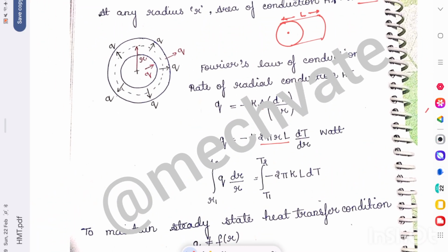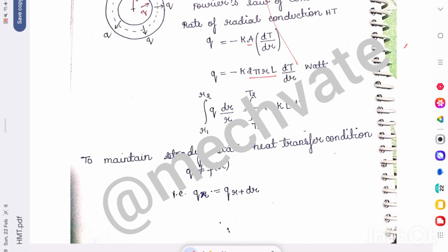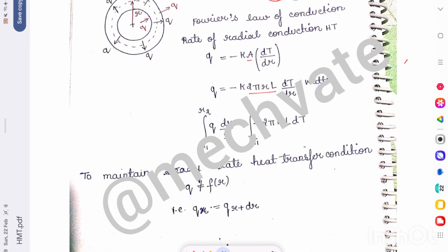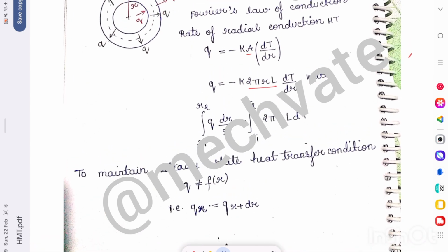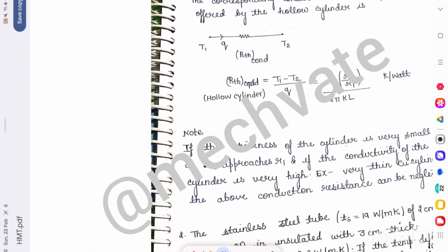So when it is at the inner surface, the heat transfer is Q, and it is not a function of r, so the heat Q at radius r and r plus dr is the same.